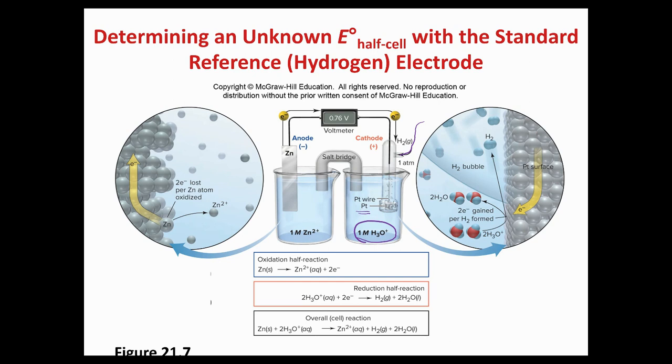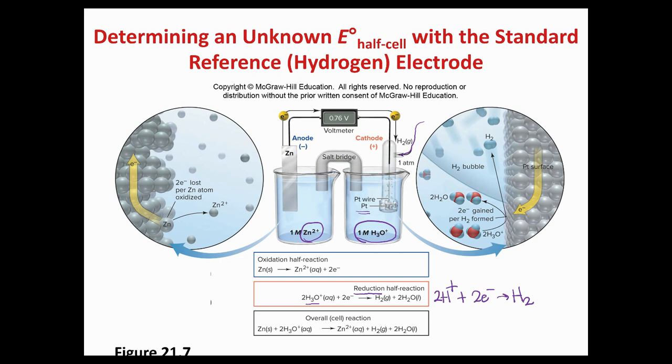Okay, and on that side is the reduction. That's the reduction half reaction. So I know it's showing H3O plus. I prefer the simpler H plus. On the other side of the electrochemical cell is the zinc metal in the zinc ion solution. And so that's where the anode is. And then there's a salt bridge.